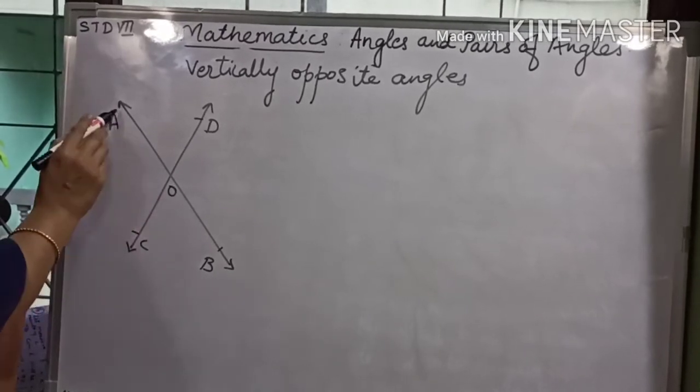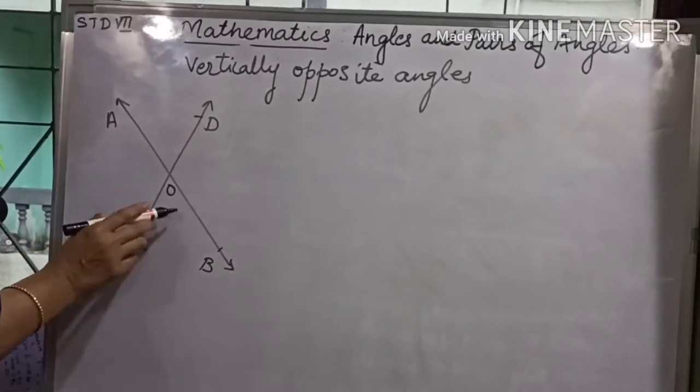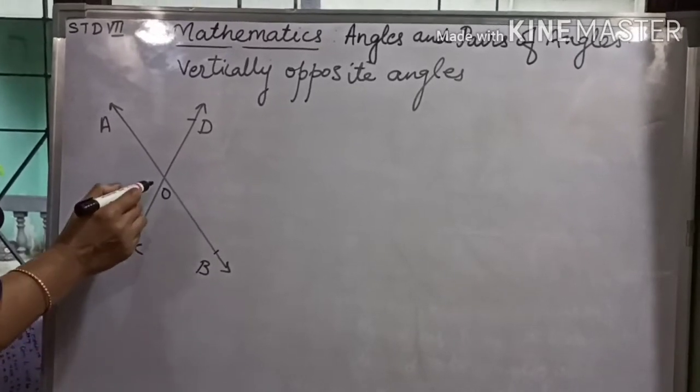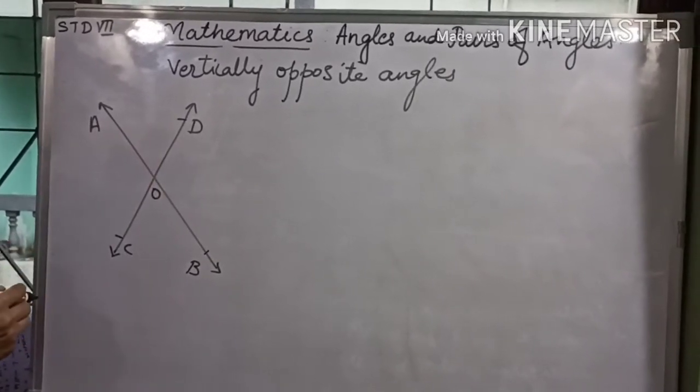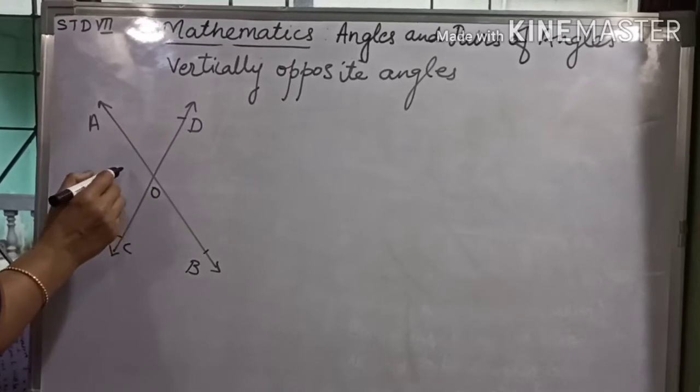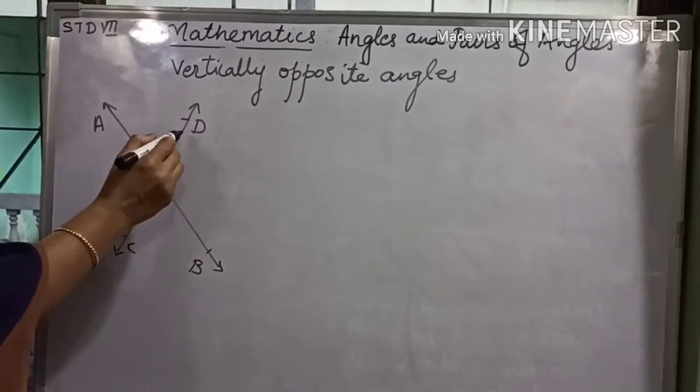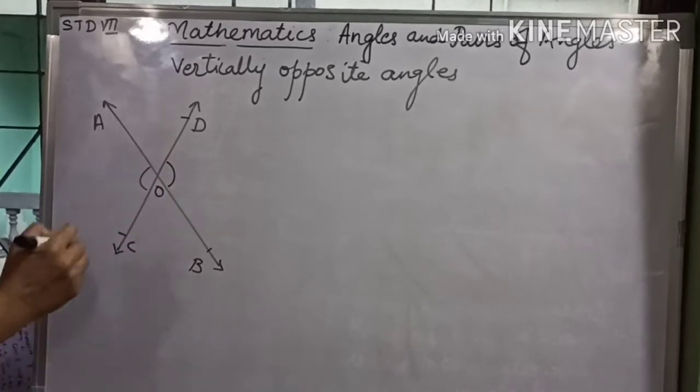Ray OA and ray OB, they are opposite rays. Similarly, ray OC and ray OD are opposite rays. Here angle AOC is opposite of angle DOB.